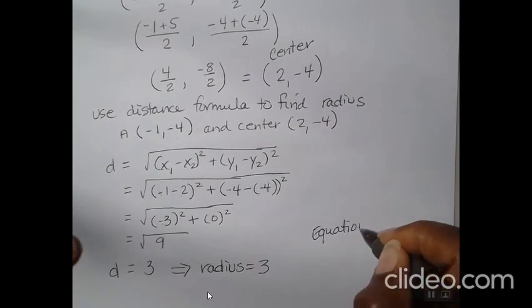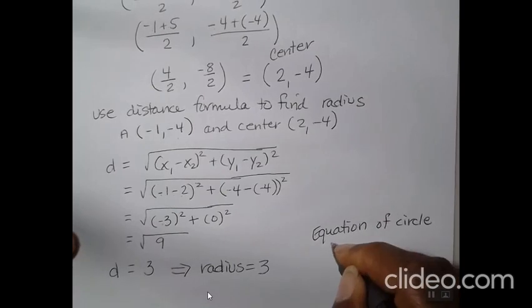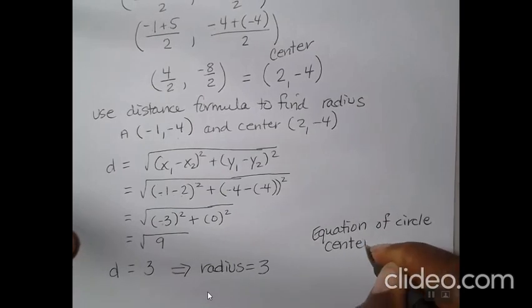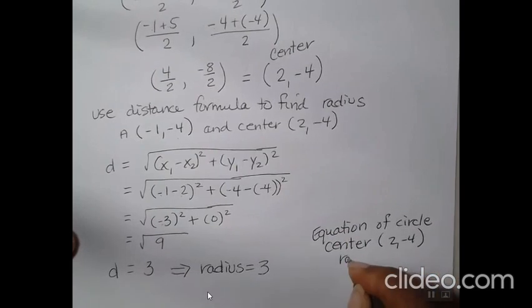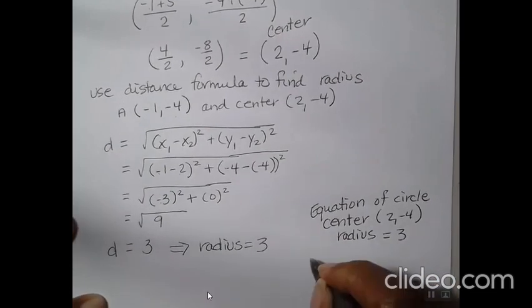So now we're ready to write our equation. Remember, the equation of the circle needs the center, which we have. Our center is 2, -4. And it needs the radius, which we have, because that's 3. We can take this now and write our equation.